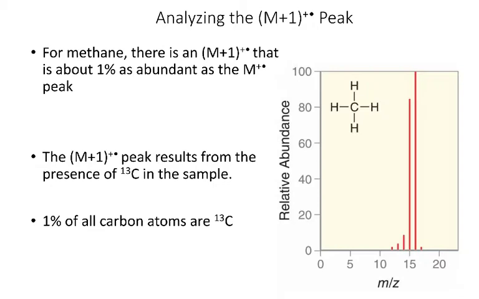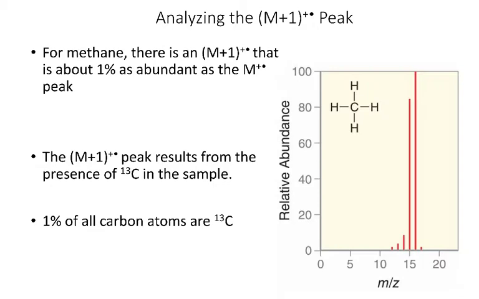Now, what about this M+1 peak? Here's methane again. This was our molecular ion peak. Where does this little peak at a mass number of 17 come from? It turns out this is a result of the isotopes of carbon. Not all atoms of a particular element have the same number of neutrons. Atoms of the same element that have different numbers of neutrons are called isotopes.